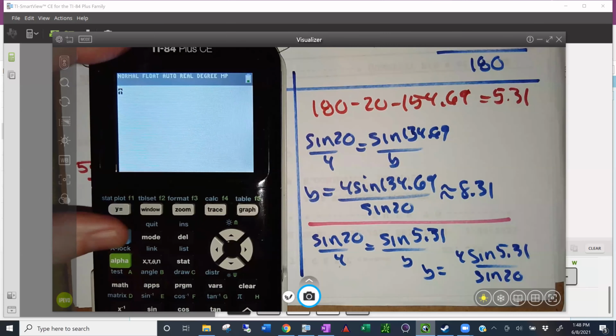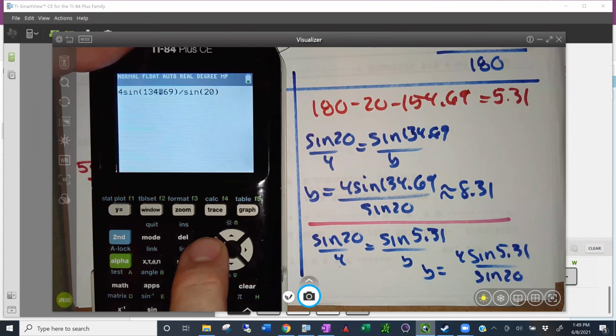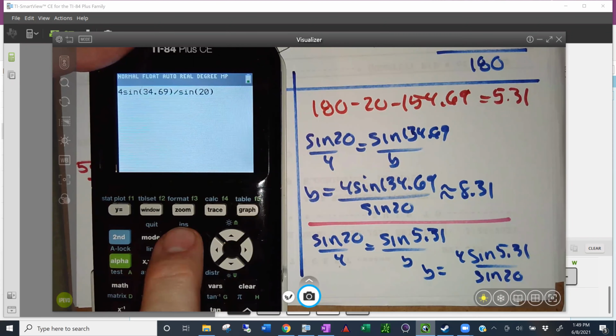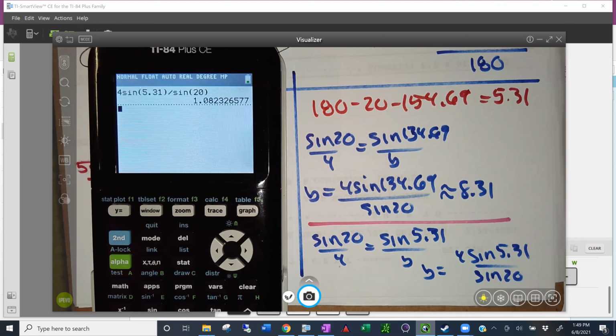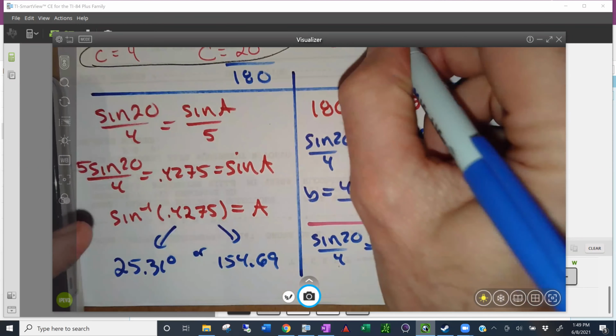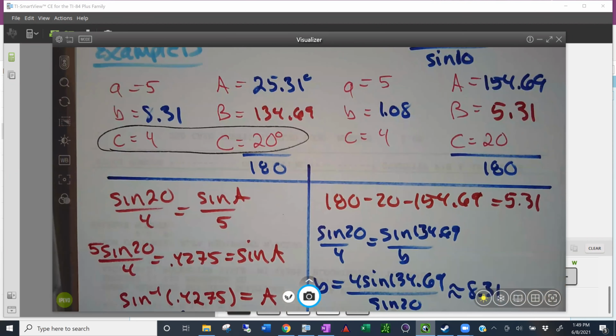So I'm just going to cheat and edit my previous answer. I want 5.31. And there we go, 1.08. Nice.